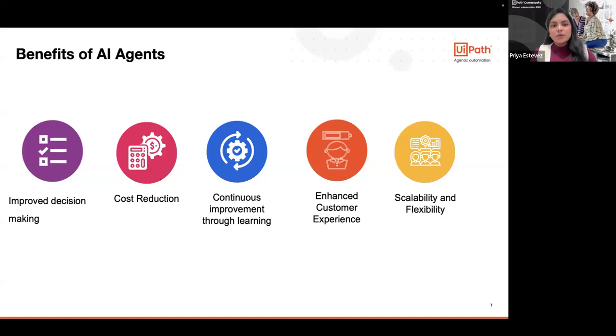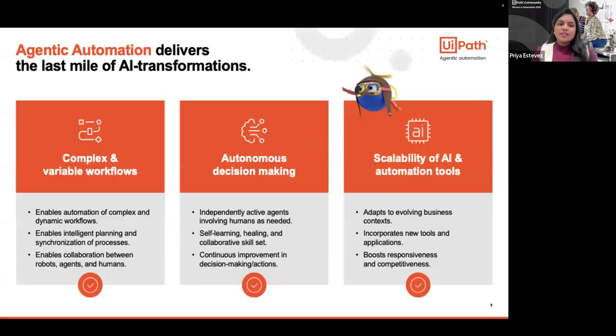That way it's easily scalable and also flexible. We'll talk about the scope of AI agents as well, so that you understand how you could implement these agents. And when we use agentic automation, these are very helpful to build complex workflows.